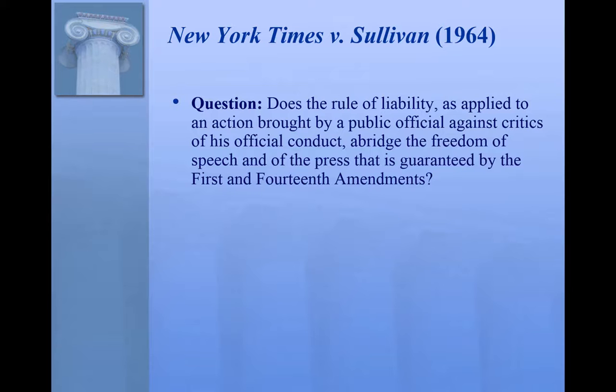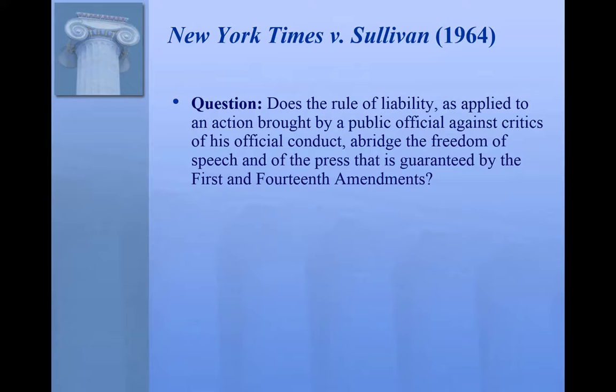And if the jury found that the statements were about Sullivan, even though he was not named, if they tended to damage Sullivan's reputation, then the jury could award damages to Sullivan against the newspaper. So all the jury was really called upon to do was to decide whether the ad, which did not name Sullivan, spoke directly enough to his conduct that it damaged his reputation, and thus the newspaper could be punished.